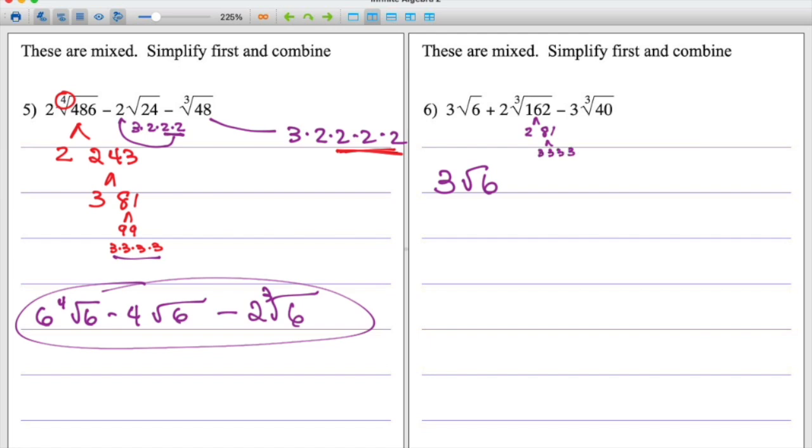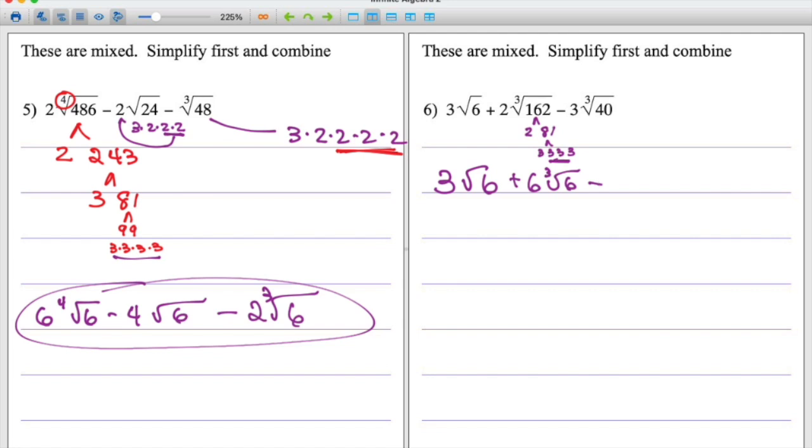I'm taking out triples, and I'll have 6 left inside. So let's try that. That triple combines with there. That is 6. So plus 6 cube root of 6.